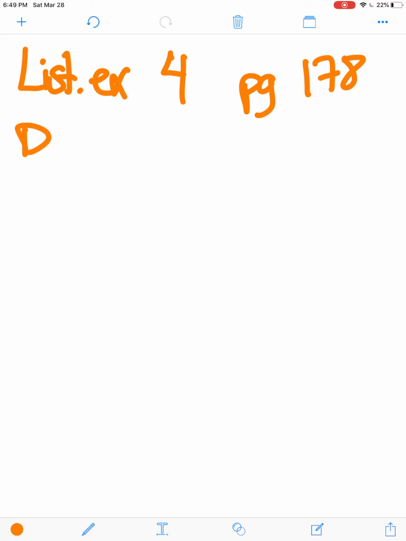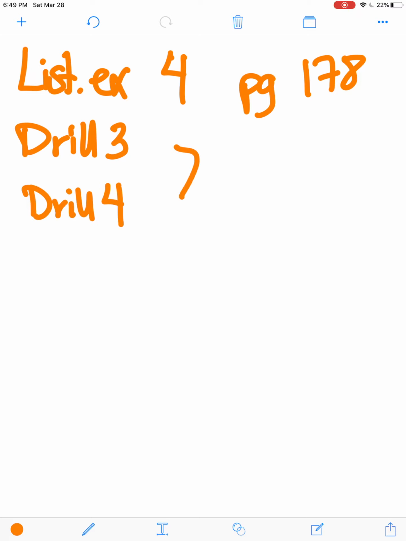And you also want to practice with drill 3 and drill 4. You can find them all on Smart Sparrow, and the words for drill 4 you'll see on page 179. You're going to practice differentiating between the ha and the ha.